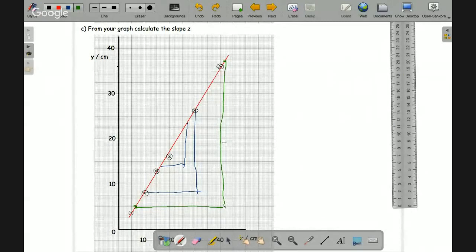So this is the better thing to use. Let me just fix that. This is the best size triangle to use. These two, not so great.